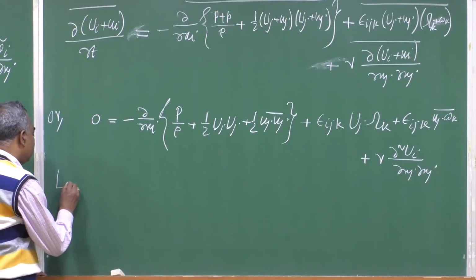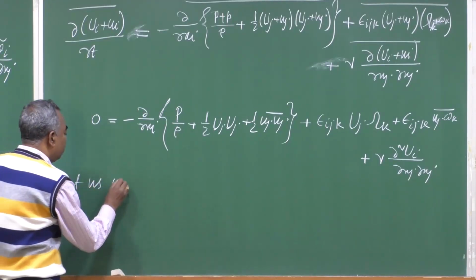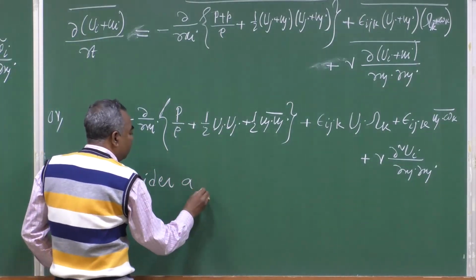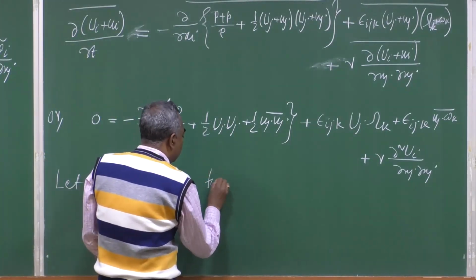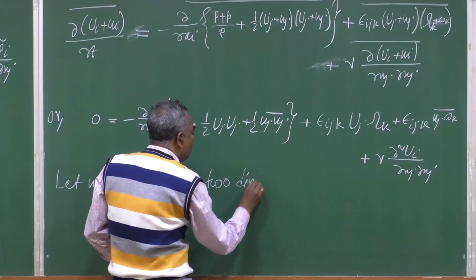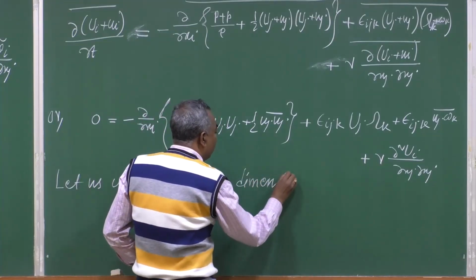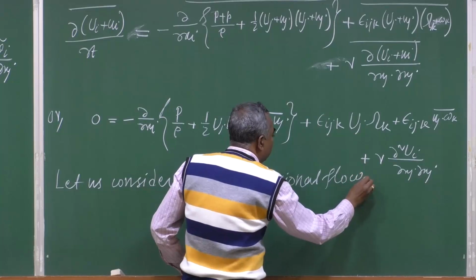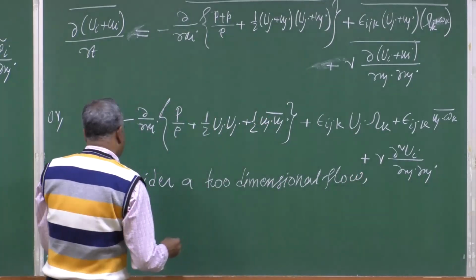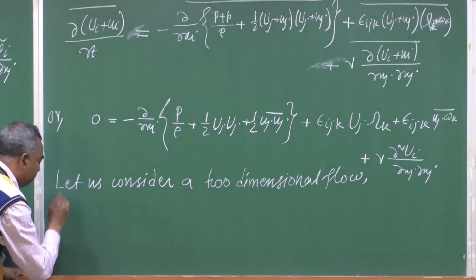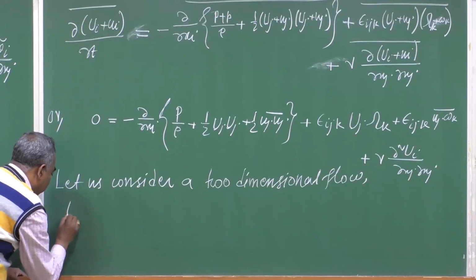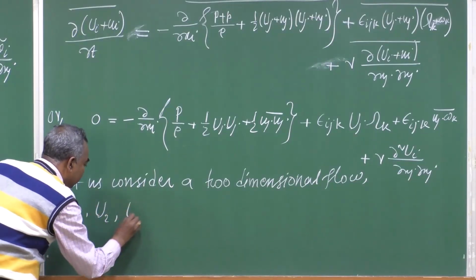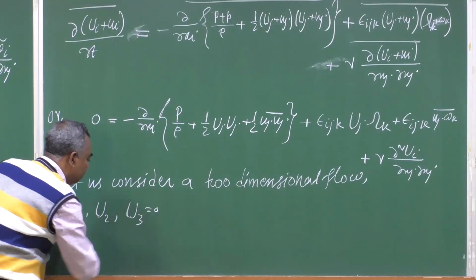So, let us consider first a two dimensional flow, for which we can consider that u1 is there, u2 is there, and u3 is equal to 0.